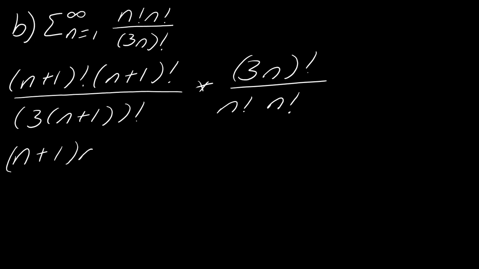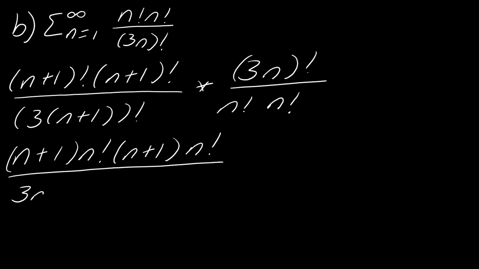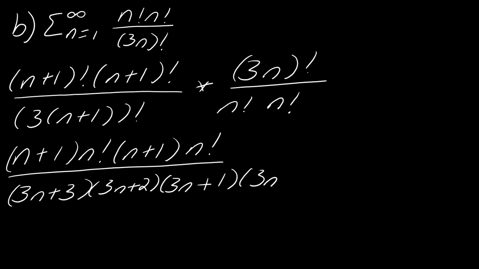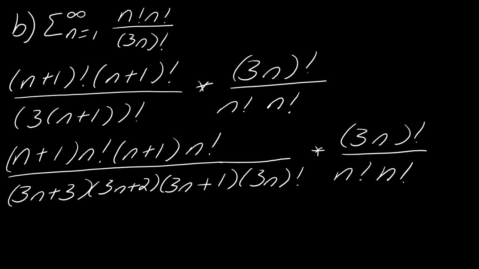So once again, I am going to just expand some of these things out. So this is 3n plus 3, 3n plus 2, 3n plus 1, and then 3n factorial. Okay, so we've got everything expanded and written out.